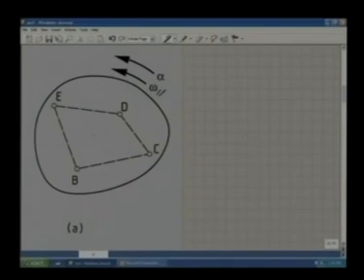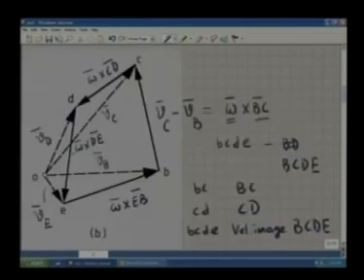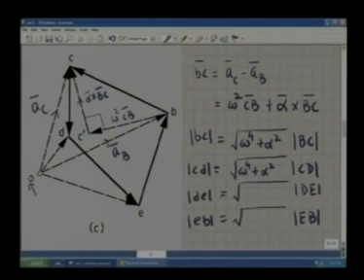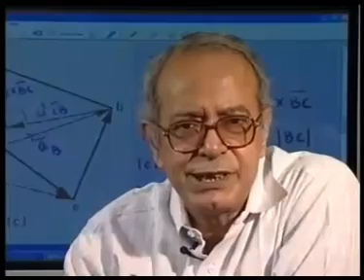This is the configuration diagram or space diagram BCDE. This is the velocity diagram BCDE. This is the acceleration diagram BCDE. And the small BCDE is always a scale drawing of capital BCDE, and the small BCDE here is called the acceleration image of capital BCDE.